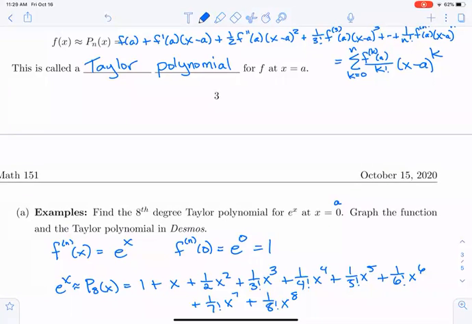Using that polynomial, we can get a good approximation of e to the x near x equals 0. In a moment I'm going to show you what that looks like when we graph it in Desmos. I just want to make sure that everyone gets a chance to write some of these things down. Of course, I'm posting these notes as well if you need them.